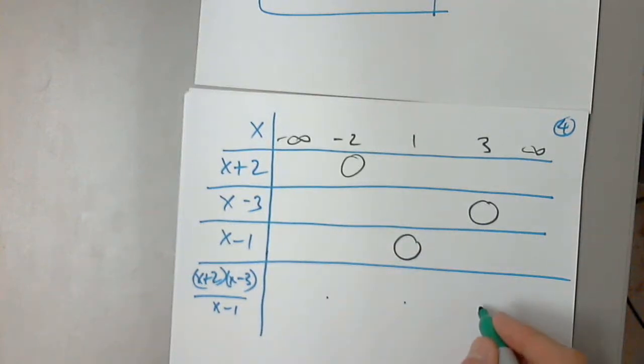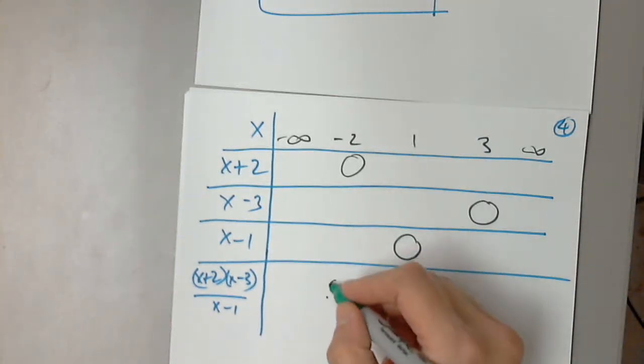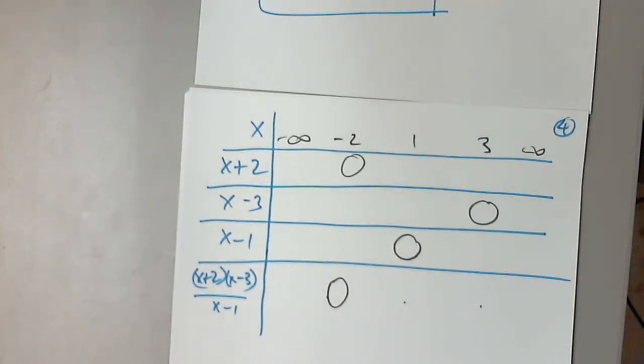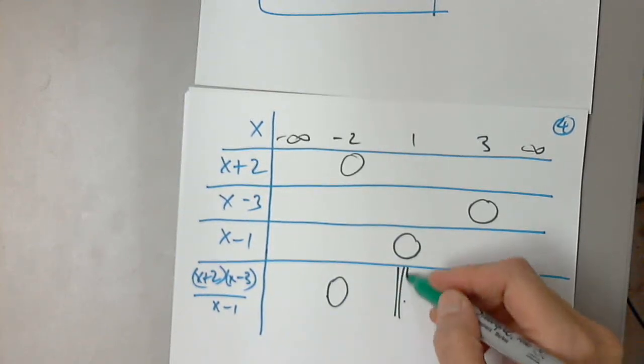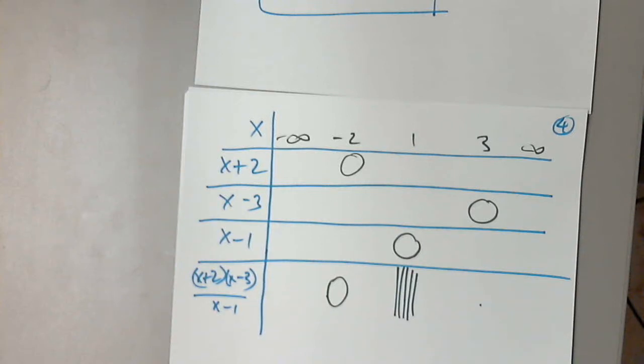Now I need to identify what happens with the expression at each of those values. At negative 2, the numerator is 0, so what has to happen? Very good. For x equals 1, the denominator is 0. What has to happen? That's it. For x equals 3, the numerator is 0.